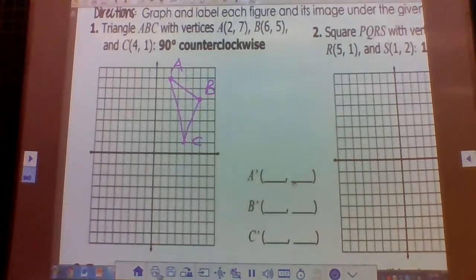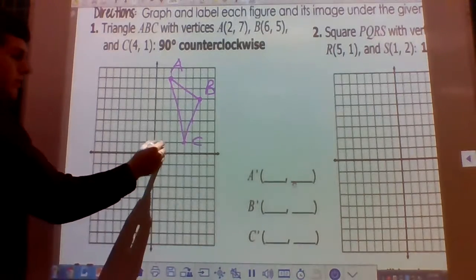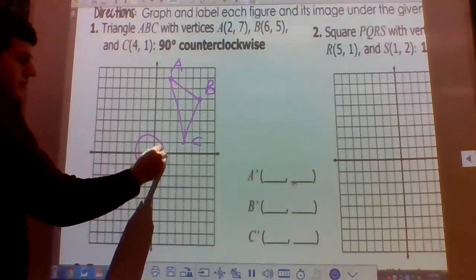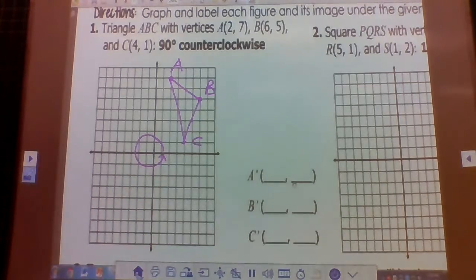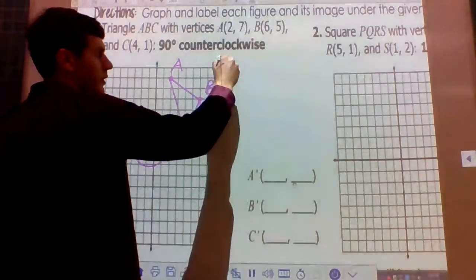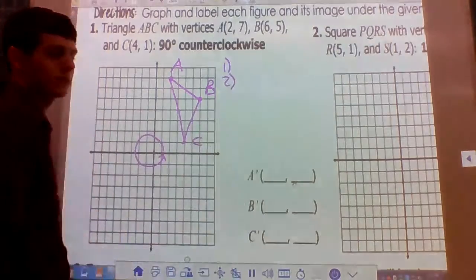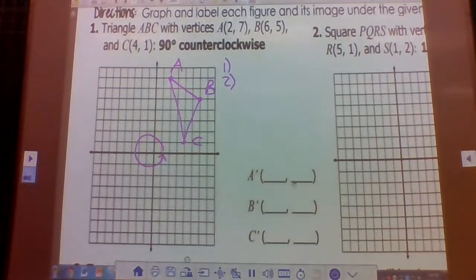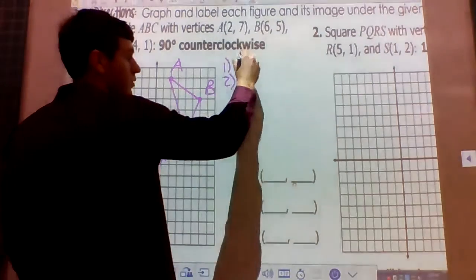We want to rotate this 90 degrees counterclockwise. So again, counterclockwise is this way. Okay, for rotating 90 degrees or 270 degrees, we have 2 steps. We want to switch the coordinates.